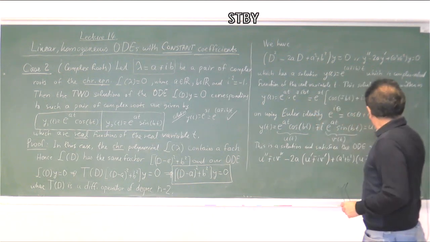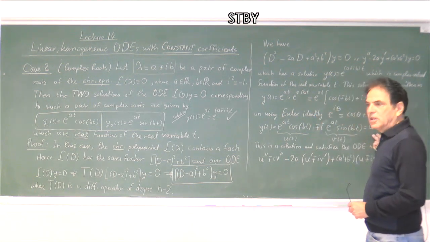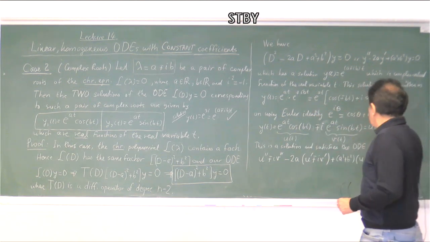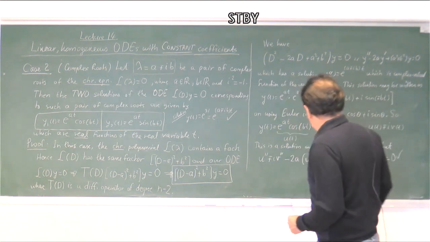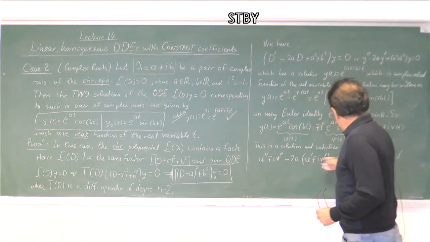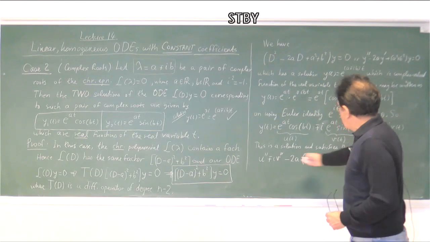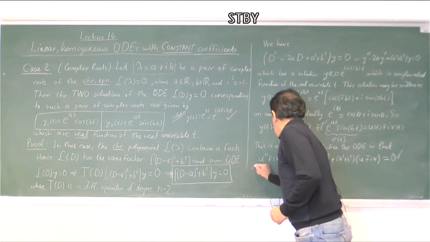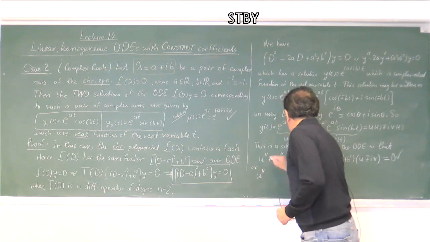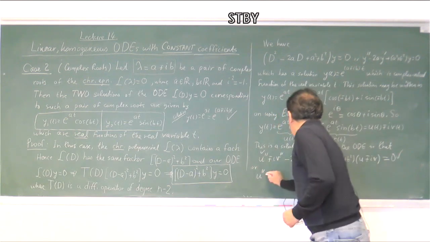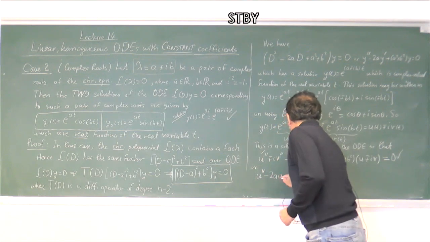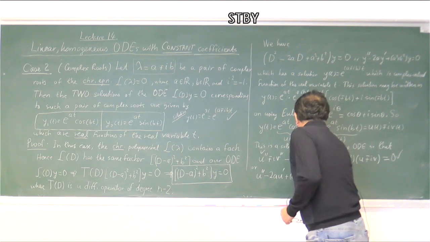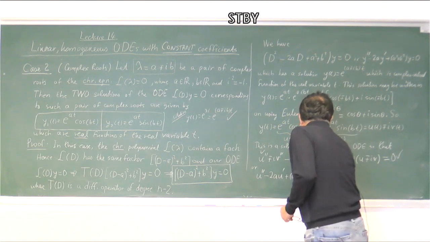Remember that when we have a complex valued function, taking the derivative means we take the derivative of the real and imaginary parts respectively. So writing real and imaginary parts of the left hand side, we have this u double prime, minus 2a u prime, plus (a squared plus b squared) u.